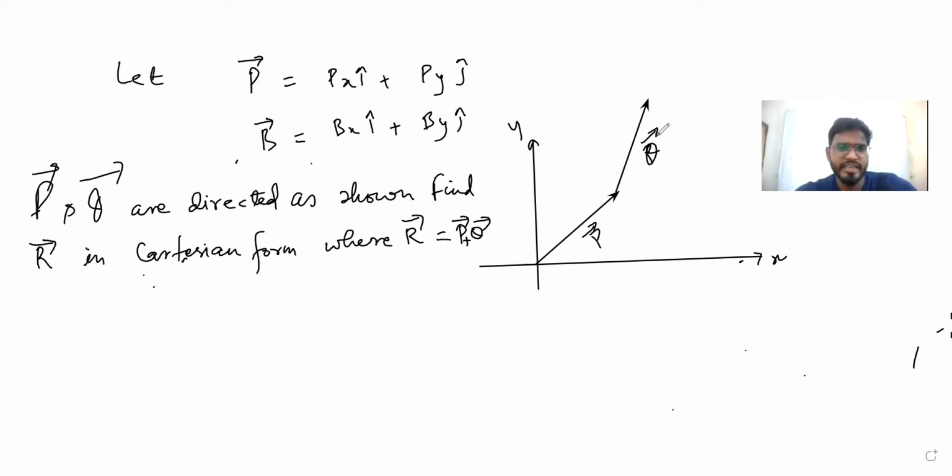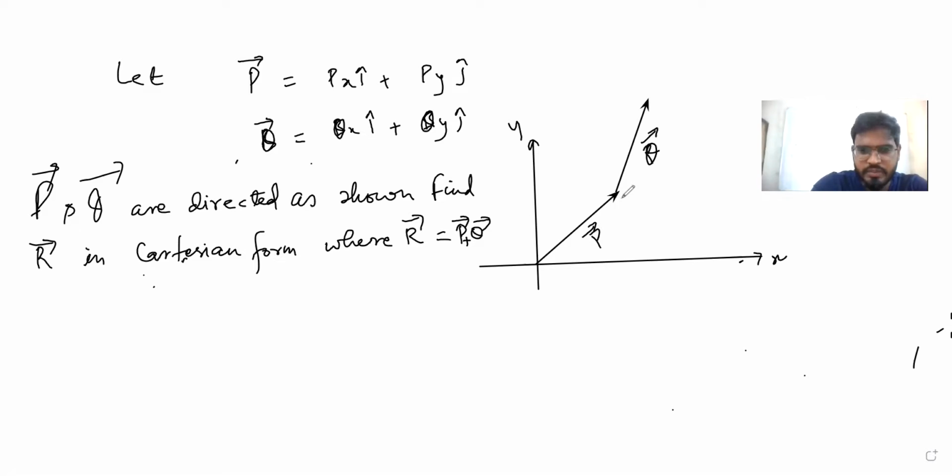Anybody will tell you directly that it is p plus q: you add the x parts, you add the i caps, you add the j caps. But let's get a feel for how we can add it.